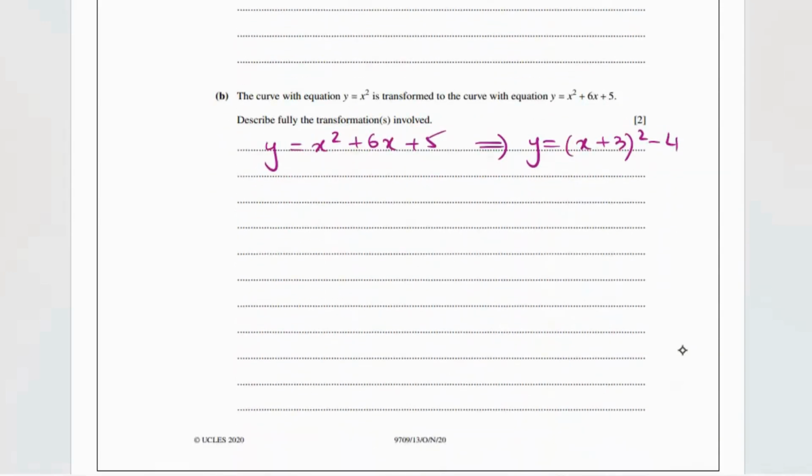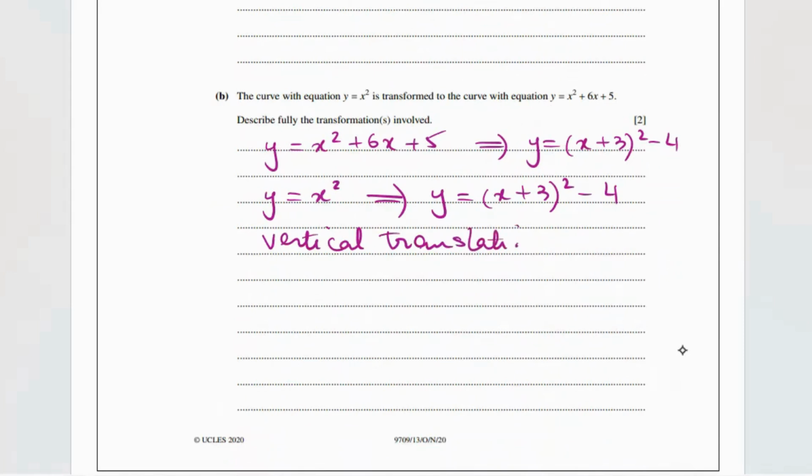So they're saying that y equals to x squared was transformed to this one, which is the same as y equals to x plus 3 squared minus 4. So looking at the equation, we can see that we have a vertical translation of 4 units down.